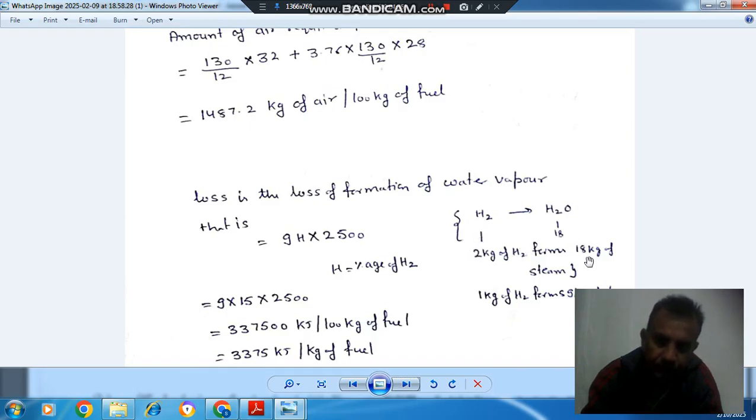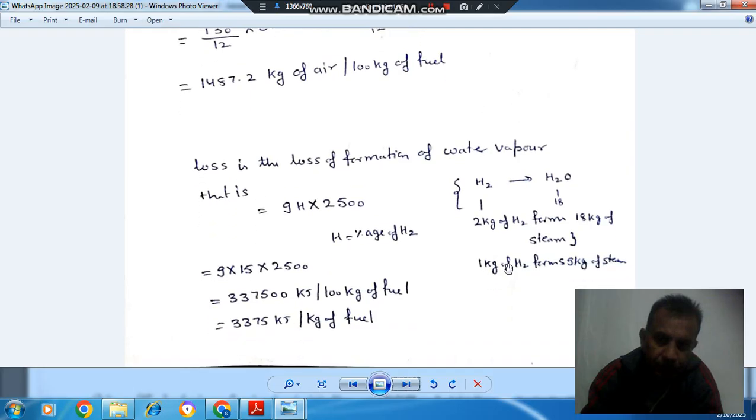So if it is 15% or 15 kg, then the steam formed is 15 into 9. So 1 is forming 9 kg of steam from this chemical equation.